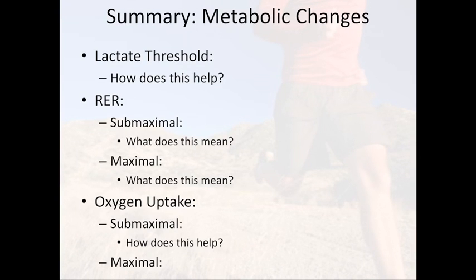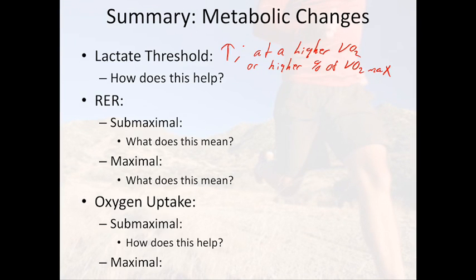Okay, so to summarize this, lactate threshold increases, and what that means is the lactate threshold occurs at a higher VO2, or we could say a higher percentage of VO2 max. How does this help us?